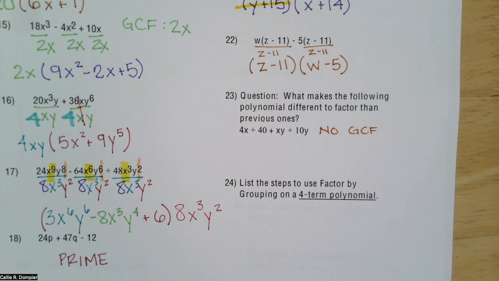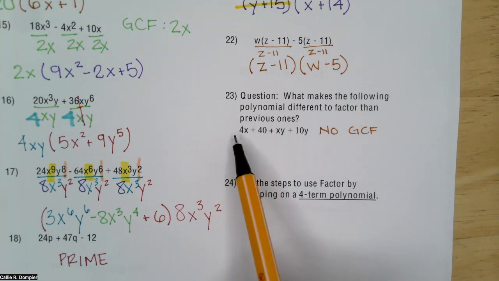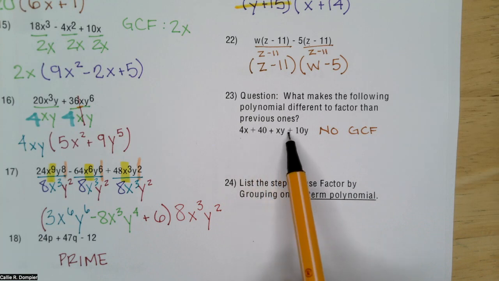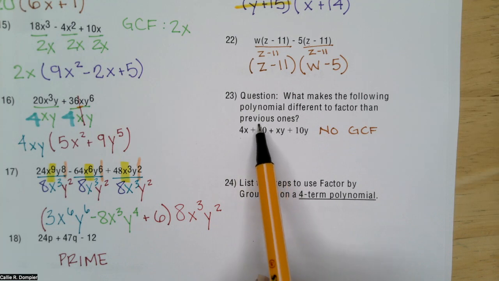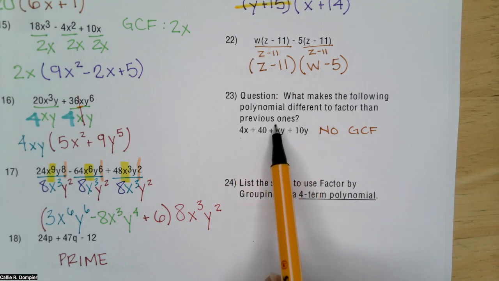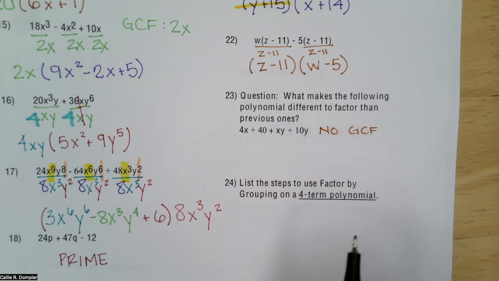It also doesn't matter if you want to rearrange it. You're like, oh, 4x and 40 and xy and 10y. Well, 40 and 4, you can divide by 4. Xy and 10y, you can divide by y, right? So you put them into 2 different groups, and you find the greatest common factor of each grouping.